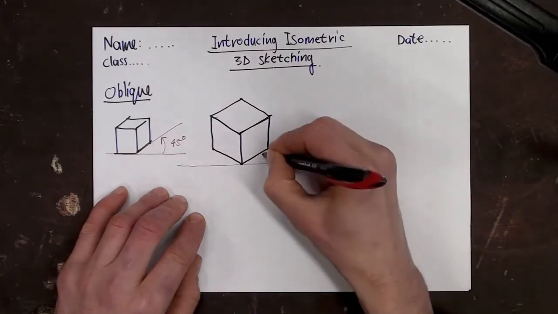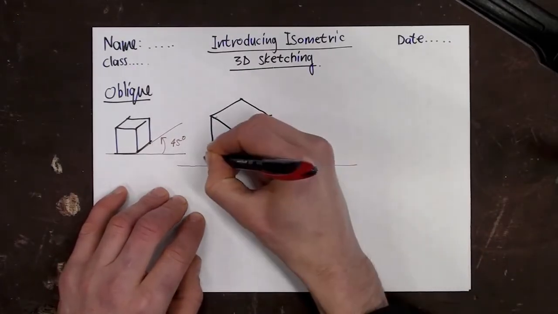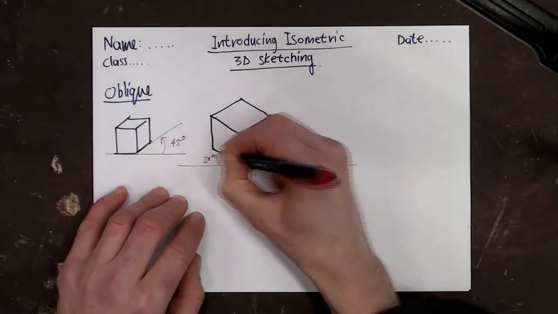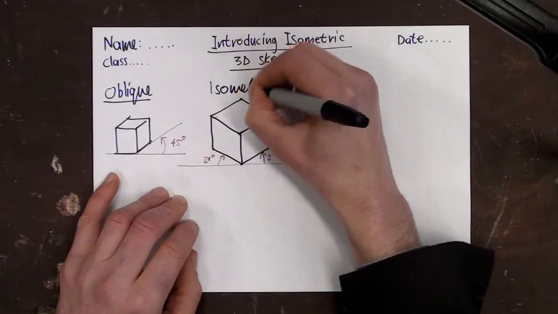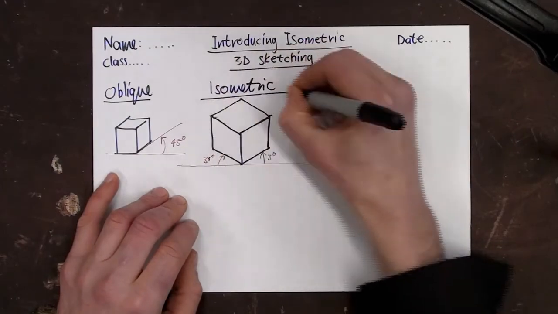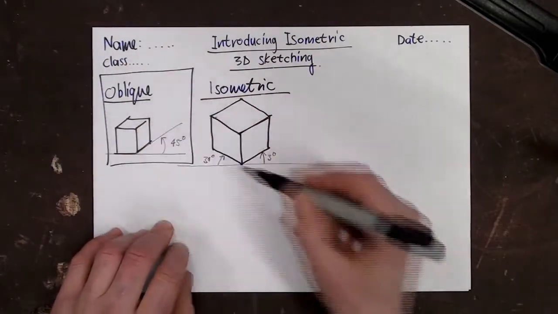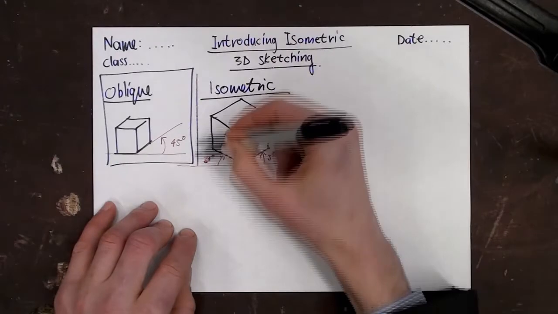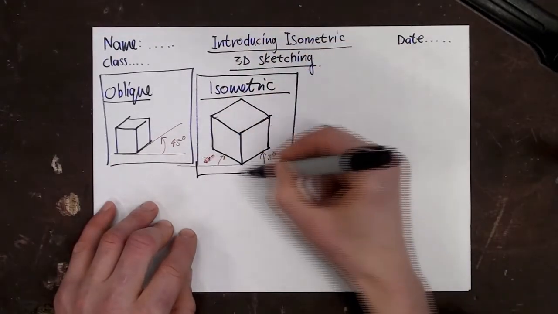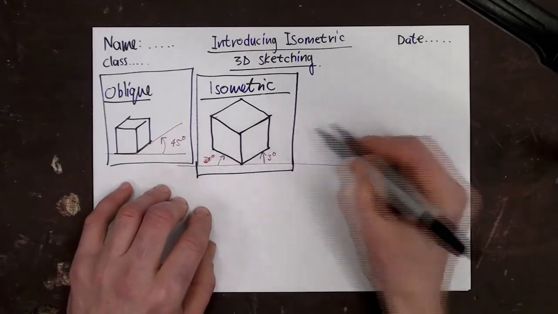Now this is not on the grid, don't worry about that, you don't need to do this. Those two lines are at 30 degrees. So this is isometric. Oblique is over here, where you've got your depth lines at 45 degrees, and isometric is over here, where you've got your lines at 30 degrees, and actually you've got a V shape.